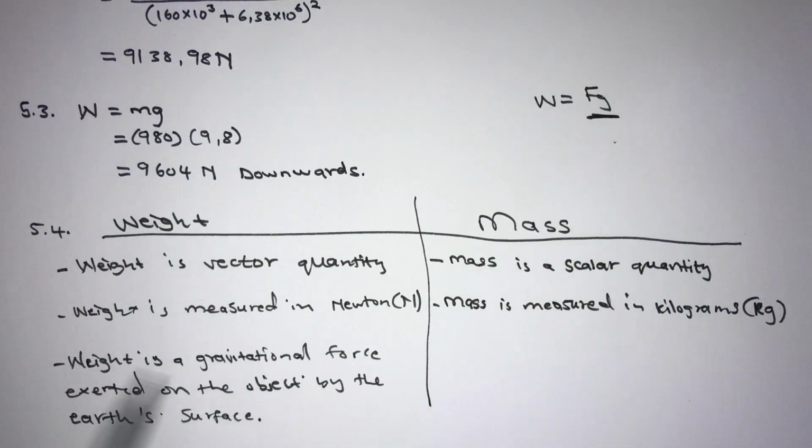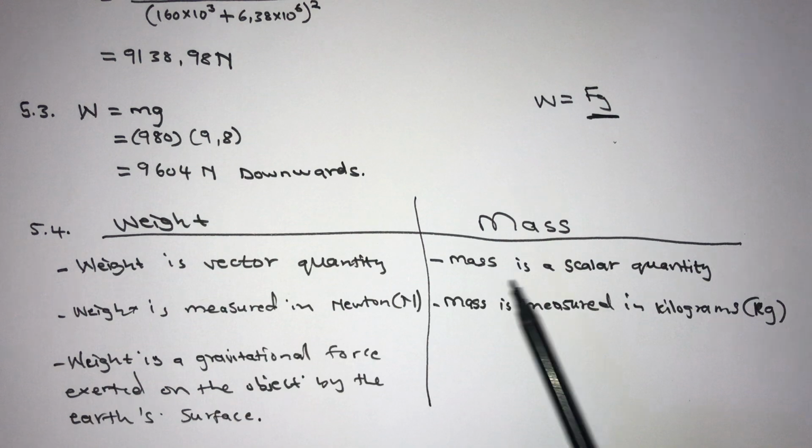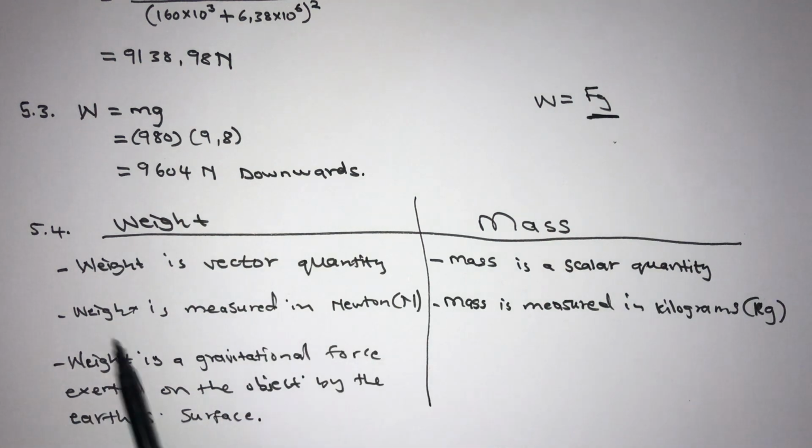So the first one: weight is a vector quantity, mass is a scalar quantity. The second one: weight is measured in newtons, mass is measured in kilograms. Then the last one: weight is a gravitational force exerted on the object by the Earth's surface. So this is the definition for weight.